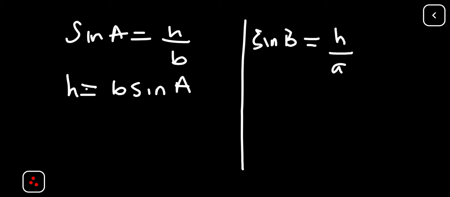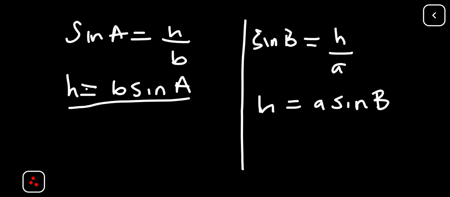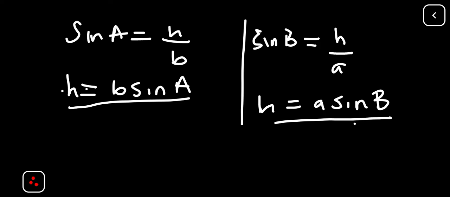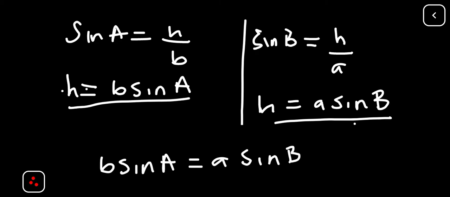We can say H now is equal to A sine B. So we have H here, B sine A. We have H here also, A sine B. If we equate these two, because this is H and this is H, we'll have A sine B equal to B sine A. So let me clean this side off. That means we now have B sine A is equal to A sine B.